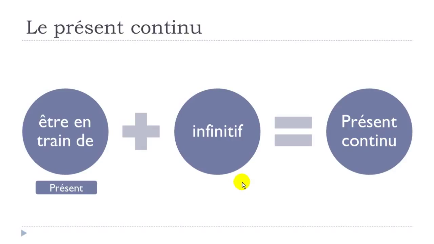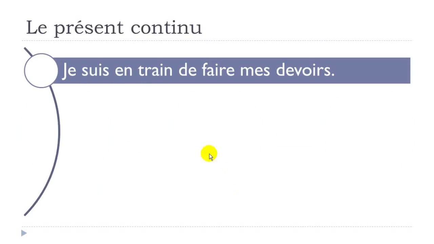Okay, so let's see a few examples. First, je suis en train de faire mes devoirs. Okay, faire is to do, and then mes devoirs, my homework, all right? And then when you use this je suis en train de, okay, so you want to insist on the fact that at the time when you are talking, the process is taking place, okay, and it continues, and that's the whole concept of it.